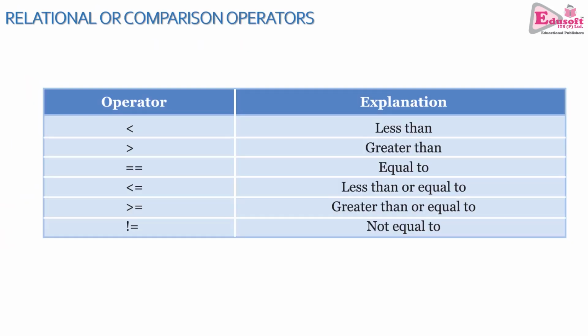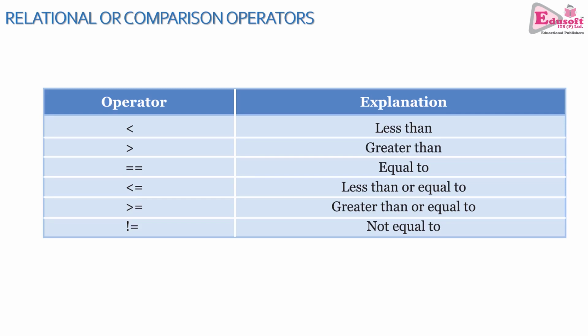Let's have a look at the relational or comparison operators, which are used for comparing values while taking decisions with the if construct. The operators are like this. These are the symbols which represent the operators: less than, greater than, equal to sign. Equal to sign is actually double equal to. Single equal to is used for initialization.